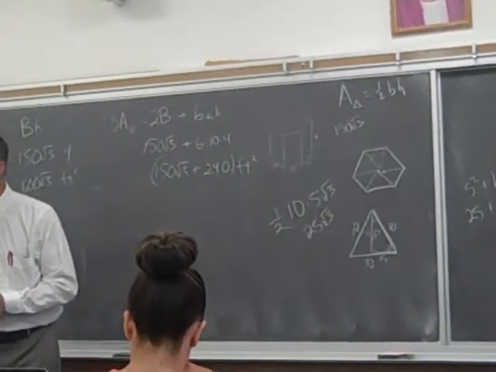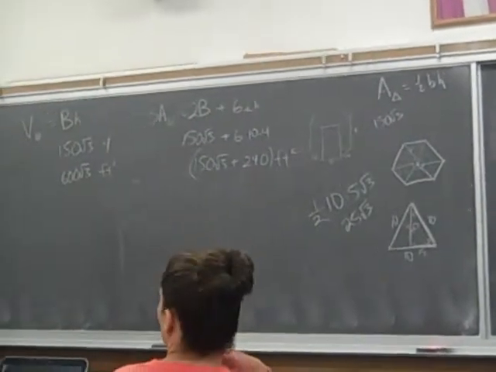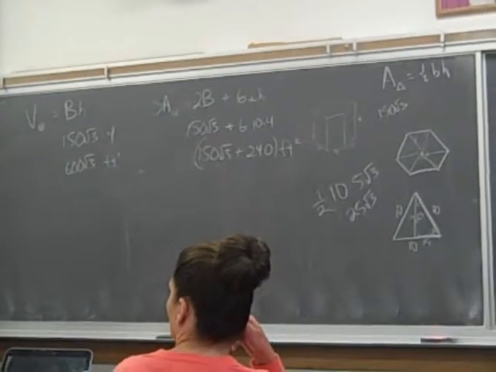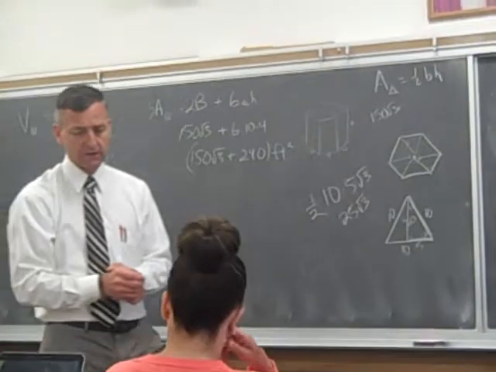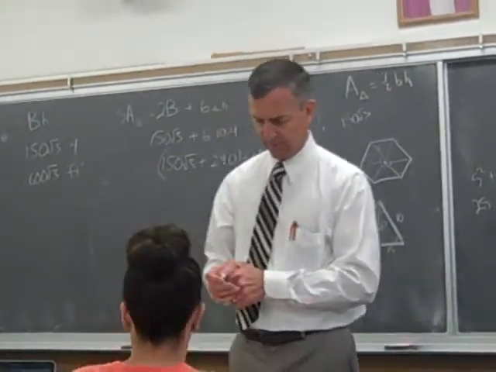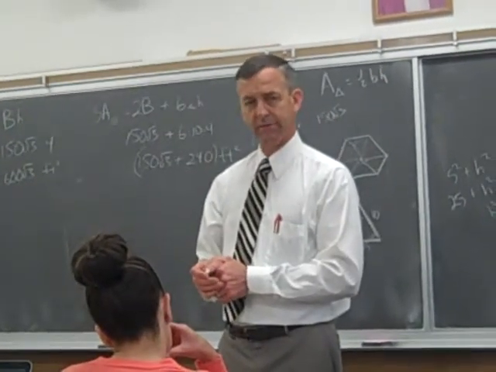I was just going to say, it says to find a circular patio. Okay. Let's talk about that. What about that circular patio? Where would it be and how big would it be?